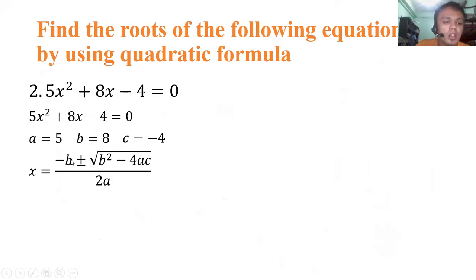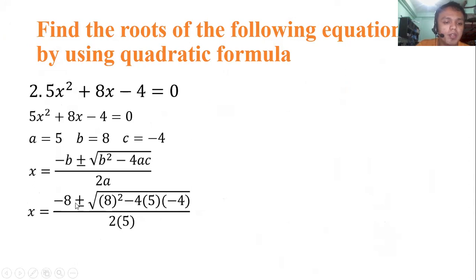Replace B with 8, A with 5, C with negative 4, and A with 5 again. Then simplify. Negative 8 plus or minus the square root of 8 squared is 64, negative 4 times 5 times negative 4, you can calculate to be sure of the answer. That is equal to positive 80, over 2 times 5 is 10.